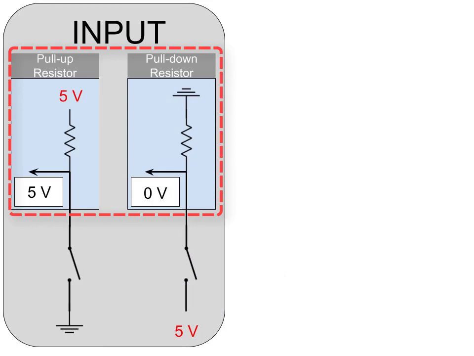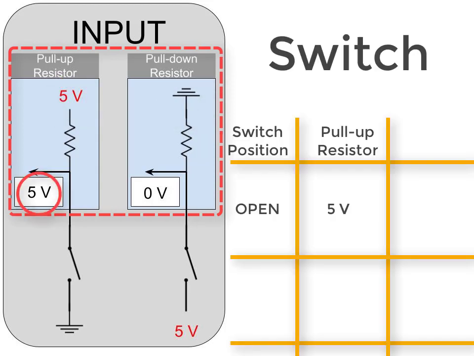The way that these electronic components work is very similar. However, one is using a 5-volt source and the other is using a ground. We can see that in this position a pull-up resistor with an open switch will read 5 volts. The pull-down resistor with an open switch will read 0 volts.